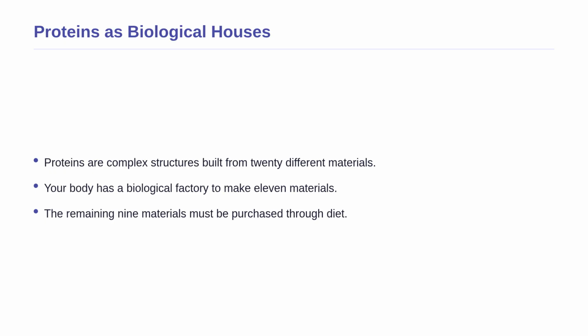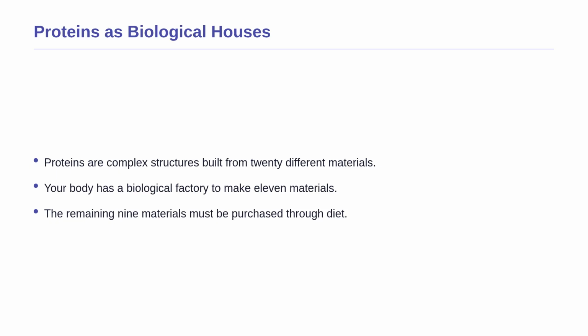To begin our exploration, imagine you are building a magnificent, complex house. To finish this house, you need 20 different types of building materials. Fortunately, you have a small factory in your backyard that can manufacture 11 of these materials from scratch using basic dirt and water.